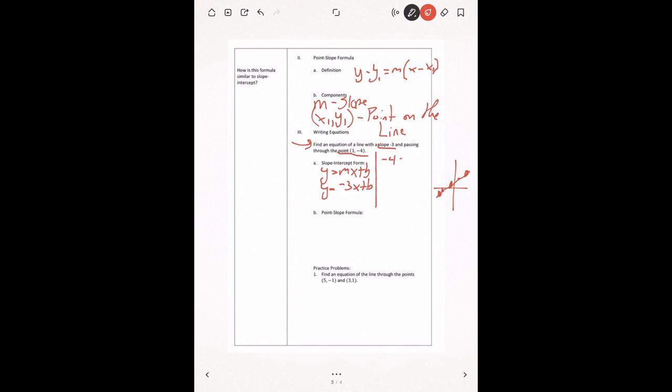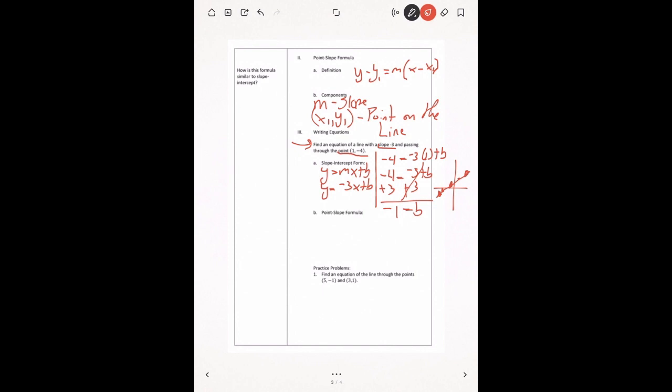So knowing that, we're going to take that point (1, -4) and plug it in for x and y. I plugged in 1 for x, and I plugged in -4 for y. So we get -4 equals -3 plus b. If I add 3 to both sides, we get -1 equals b.